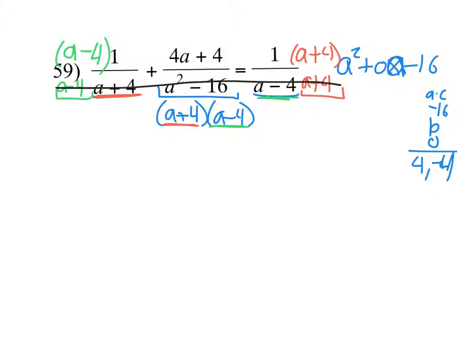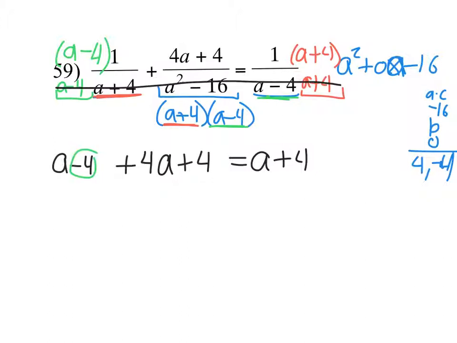Let's cross them out. And that leaves us with a minus 4 times 1, which is just a minus 4, plus 4a plus 4 is equal to 1 times a plus 4, which is a plus 4. Okay, let's combine some like terms. 4 and minus 4 go to 0. A plus 4a is 5a, which is equal to a plus 4.